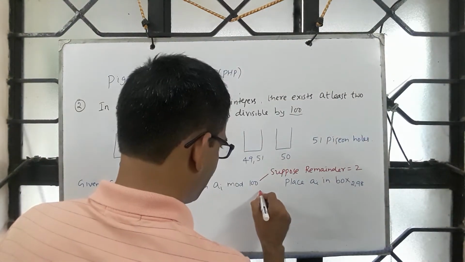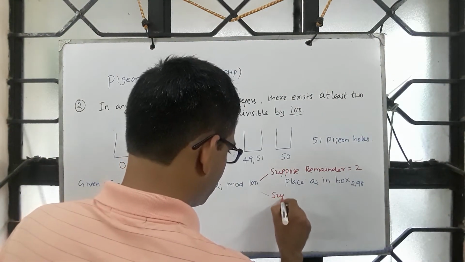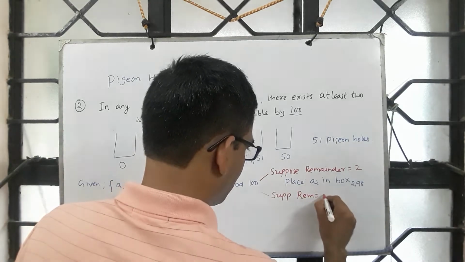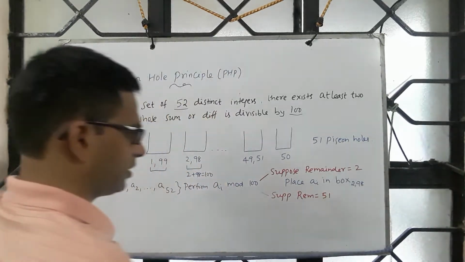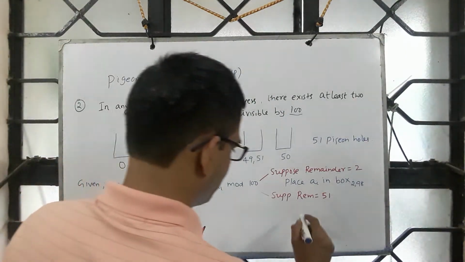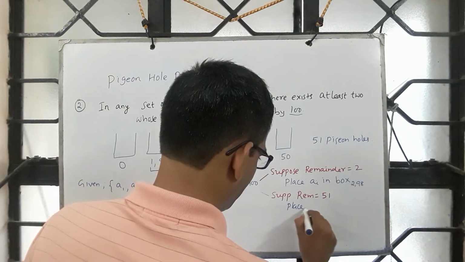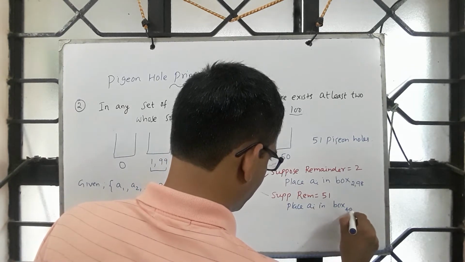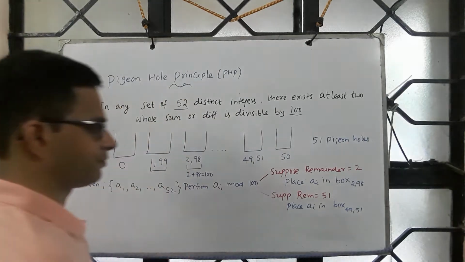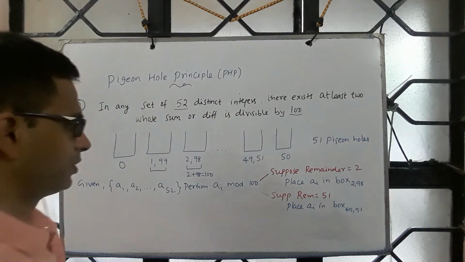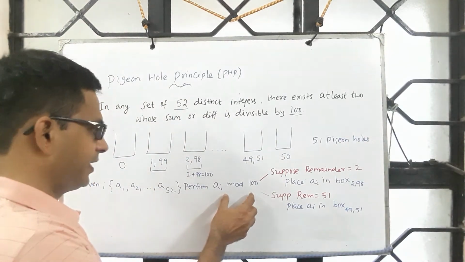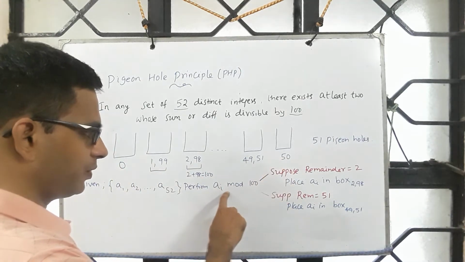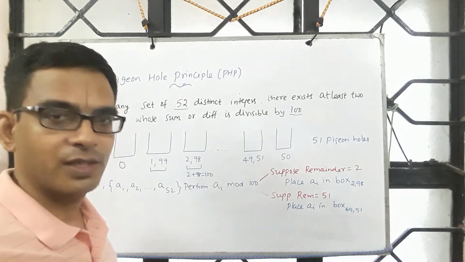And for example again, suppose the remainder is say 51, then where do you place them? So you place AI in box number 49 comma 51. So the remainders will be from 0 to 99, and you see that there is a label corresponding to each of the remainders possible.